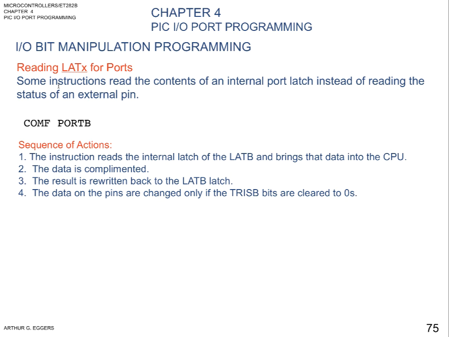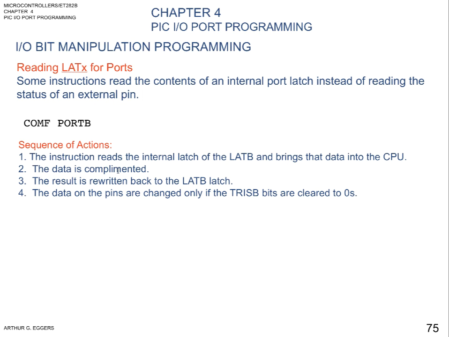In reading latch reports, some instructions read the contents of an internal port latch instead of reading the status of an external pin. Okay, in this case we've got our complement F port B. It's a sequence of actions here. The instruction reads the internal latch of the latch B and brings the data into the CPU.